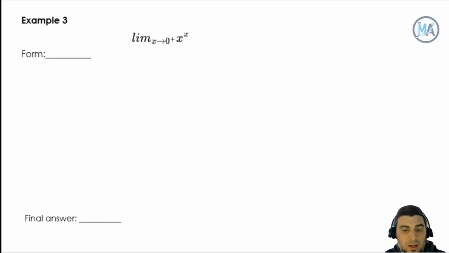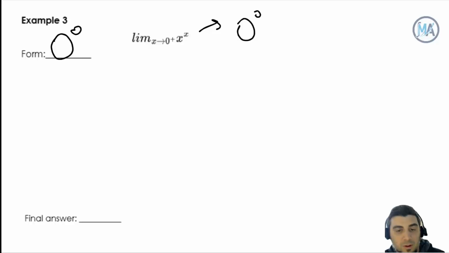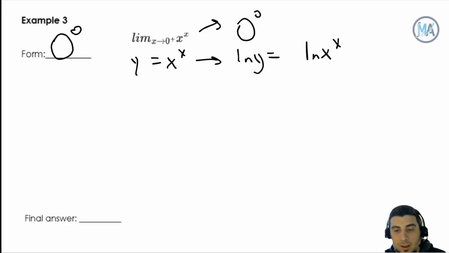Okay, so for this one, as x approaches 0 from the right, both the exponent and the base approach 0, so this would be 0 to the 0 power, and that's our form here. Same thing, you let y equal the function, natural log both sides, and then use the power property to rewrite this as x natural log x.